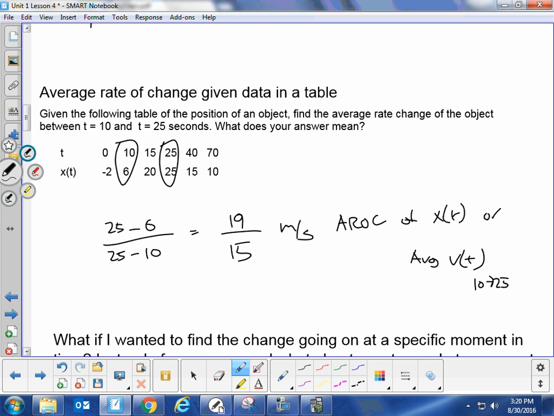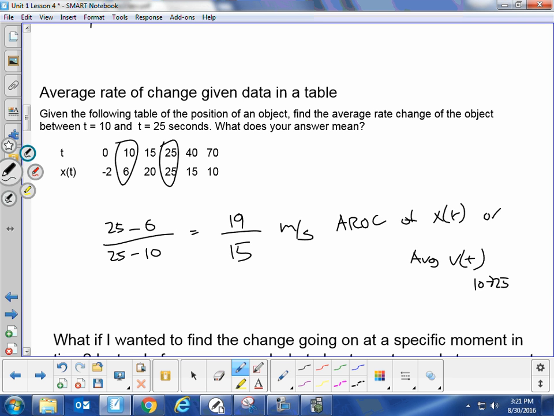Okay. Well, what if instead of finding the average velocity from 10 to 25 seconds, you can think of it as a speedometer, you know. I found that on average, my speedometer has read 19/15 meters per second between the 10th second and the 25th second.